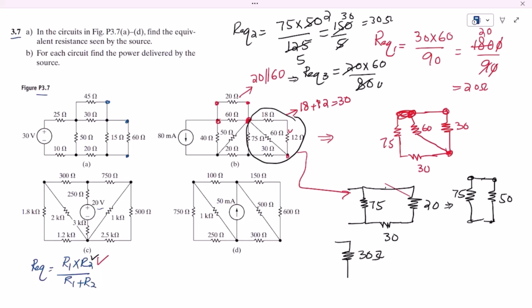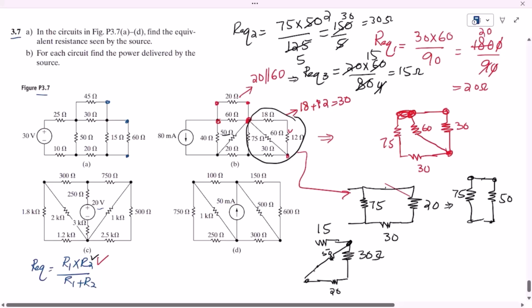So 24 and 4 15, so this is now 15 ohm. Now this is 30 and with it we have this 15 ohm. With it the connected resistor is here, which is now 50 ohm. This is 50 and also the other resistor here is 20.